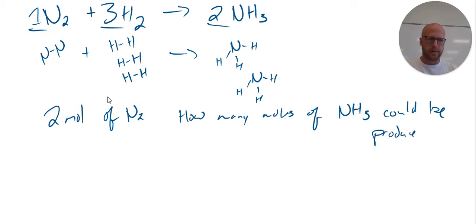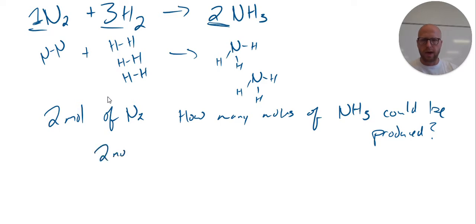So let's take a look at that. Back to my balanced chemical equation, I've got this ratio, right? I know for every 1 nitrogen, I can get 2 NH3s. So in this case, if I were to start with 2 nitrogens, then I can get 4 NH3s.